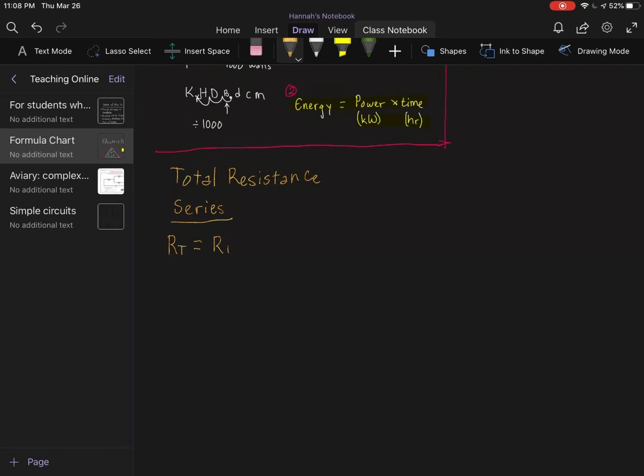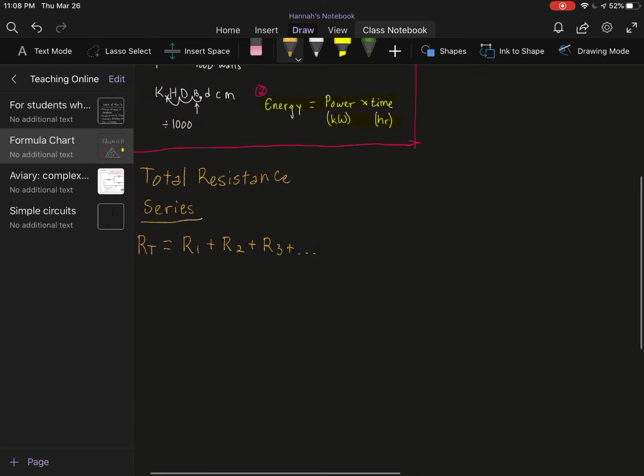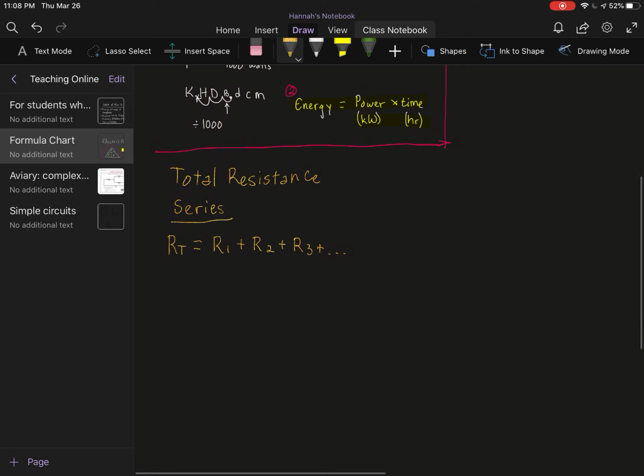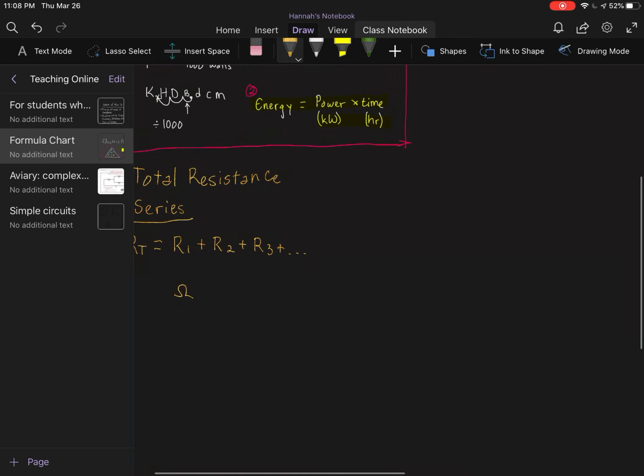That's equal to the sum of all the resistors in that circuit, and so on. That one's super easy. Just add your resistances together, and if you forget which ones are your resistances because they're not specifically labeled that way, you'll know because they have the omega symbol for their unit, ohms.